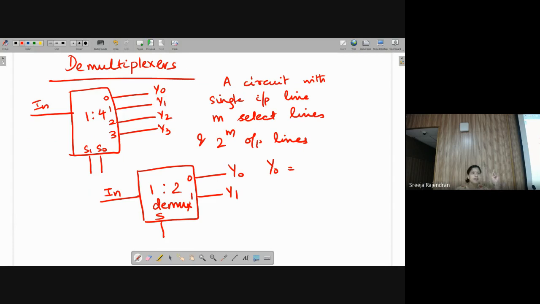Earlier we were saying that one input line is chosen depending on the select line value. Here, just the reverse of that, one output line is chosen if my select line is so and so. So when S bar, the input is driven to Y0. If S is 1, then it is driven to Y1.